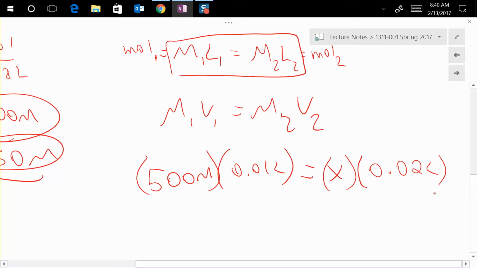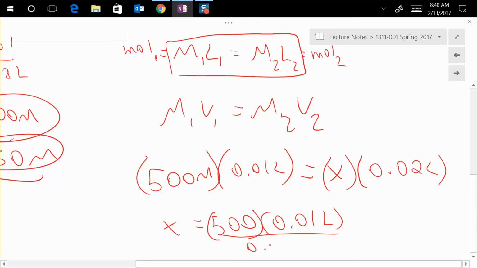And then we would solve it and we'd come up with 250, which is what we just found, right? So we would say X equals 500 times 0.01 liters divided by 0.02 liters.